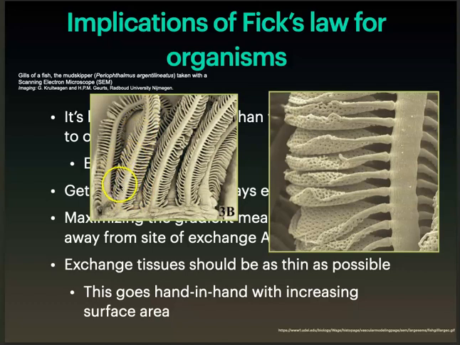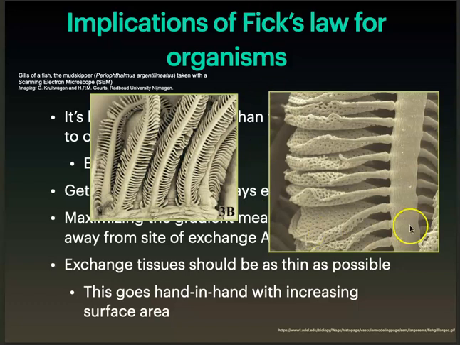But they're also very thin to allow the greatest amount of contact with the environmental source of oxygen, which is water or air, coming in contact with the tissue as possible. So again, increasing contact between tissue and the water or air, and this selects for tissues through evolution that are both thin and have a high surface area.